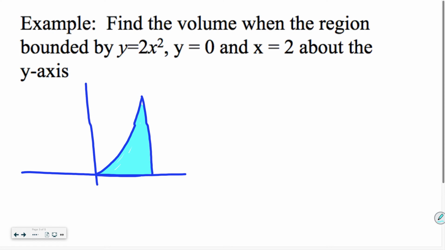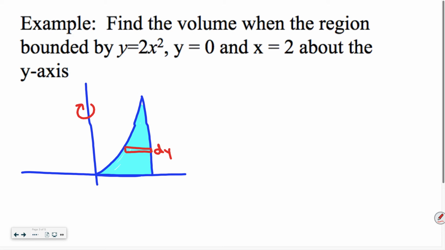So we are going to rotate about the y-axis, and we're going to do so with rectangles with thickness dy. Okay? You need to draw the rectangle. If you didn't draw the rectangles in your quiz, I'm going to draw them in for you, and you're not going to forget that on Thursday's quiz. Okay? Draw in the rectangles so you can label the thickness dx or dy, and you can see that right minus left. Okay?